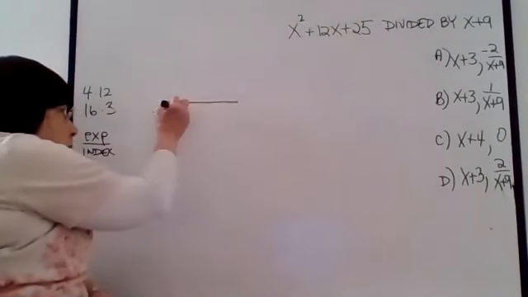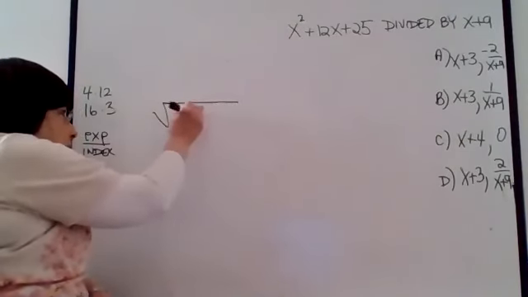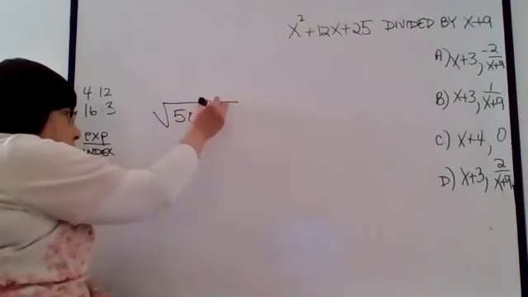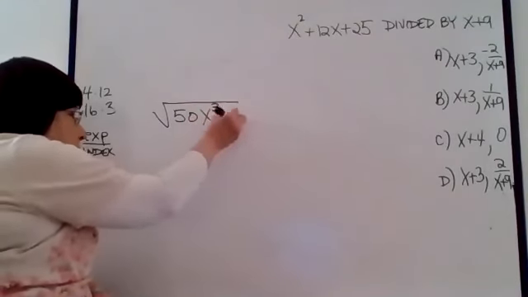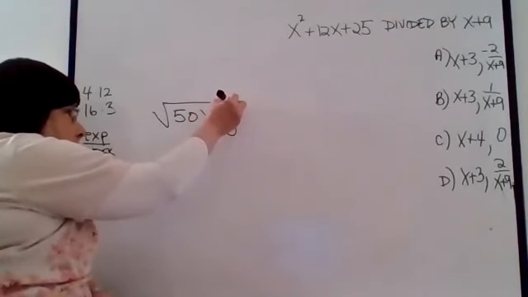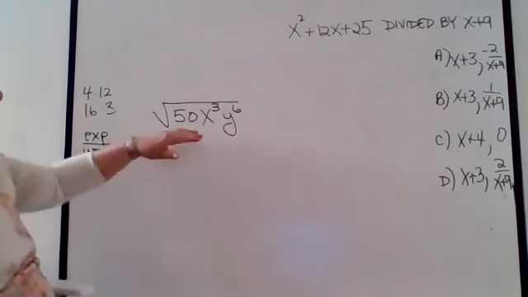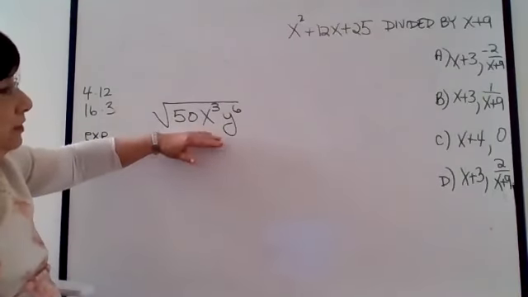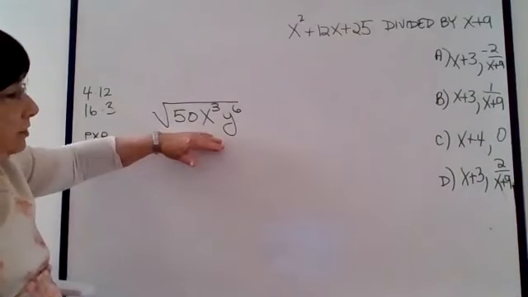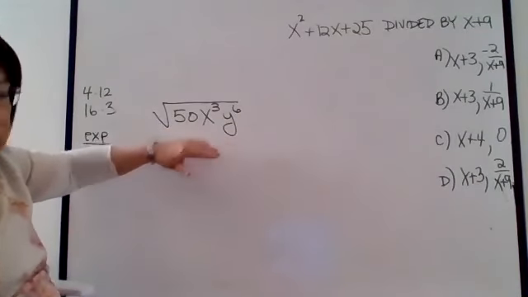Square root of 50 x cubed y to the 6th, okay? And I want to simplify this into as simple a form as possible.